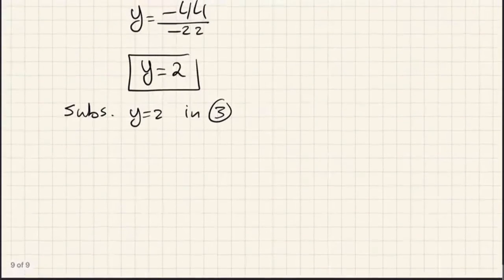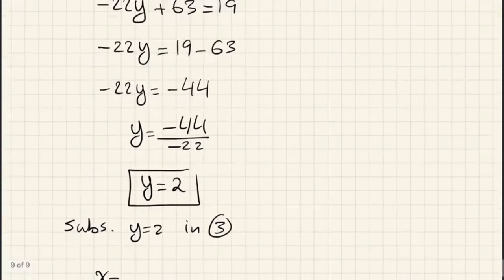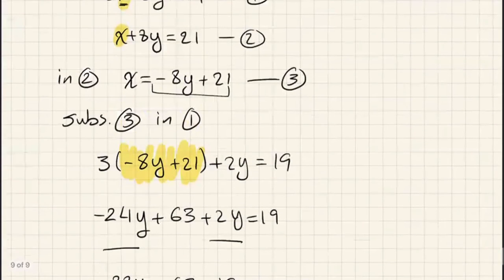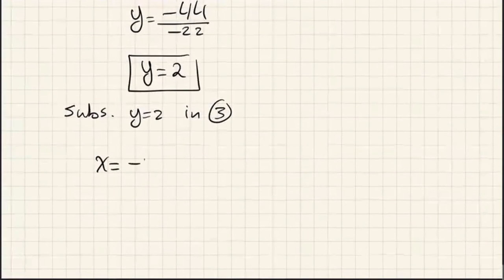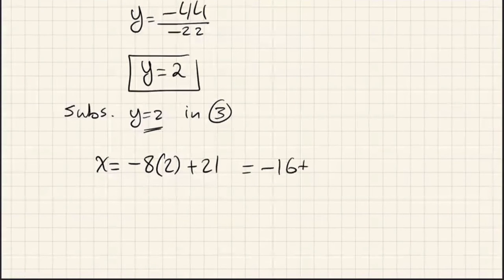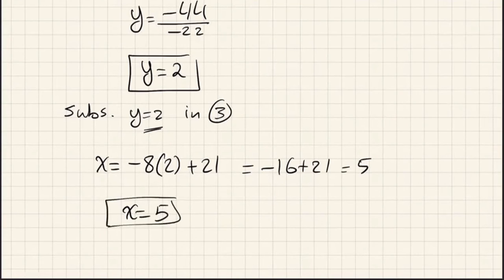So x equals negative 8y plus 21, negative 8 times 2 plus 21, which is negative 16 plus 21 equals 5. So x equals 5. So my solution is x and y.